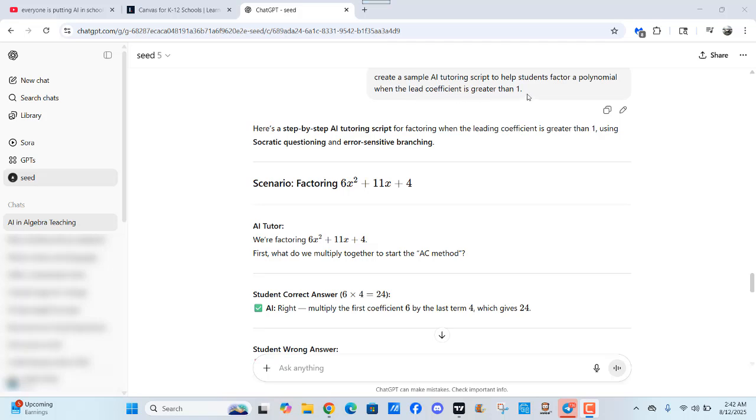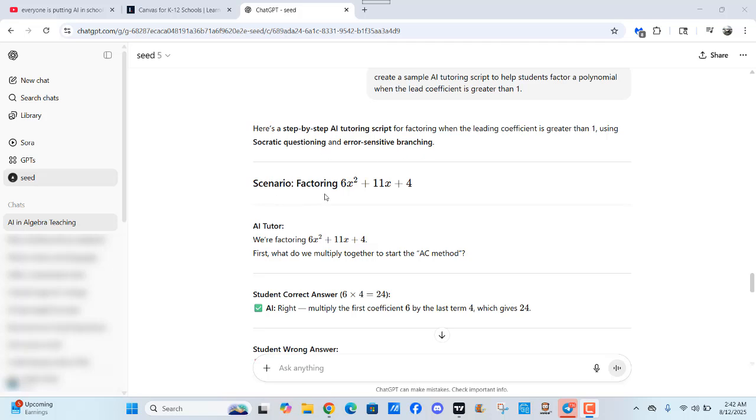In Algebra 1, you come across factoring polynomials with the lead coefficient being greater than 1. Let's see what ChatGPT has to say. ChatGPT comes back: here's a step-by-step AI tutoring script for factoring when the leading coefficient is greater than 1 using Socratic questioning and error-sensitive branching. Okay, so far so good.